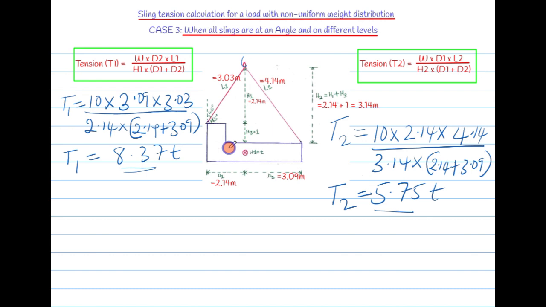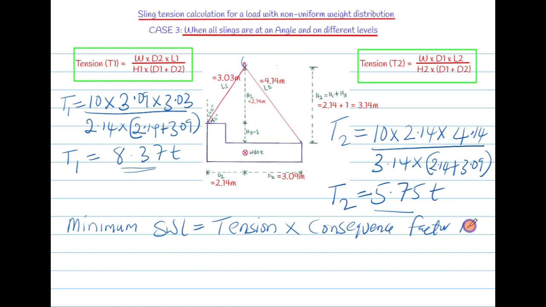Now we need to move to select the sling capacity, which is the SWL for L1 and the sling capacity for L2. We are going to use this formula. Minimum SWL is equal to tension multiplied by consequence factor.